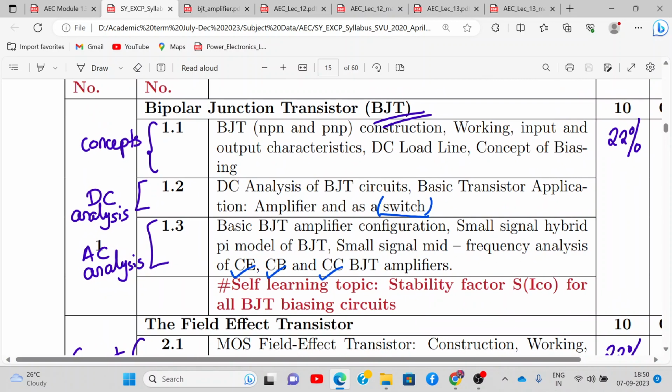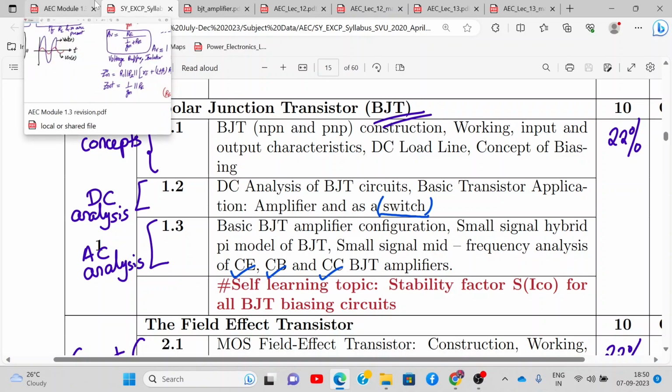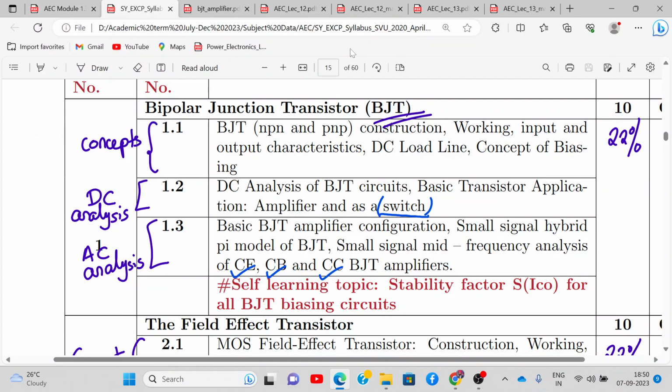Okay, so we have done the detailed derivation of common emitter, and we have solved a numerical also. But we have just glanced through the derivations, formulas and numerical for CB and CC. All right. So yeah, from my side that will be it. If you have any doubt, you can ask me right now, or else I'll call it off for today.